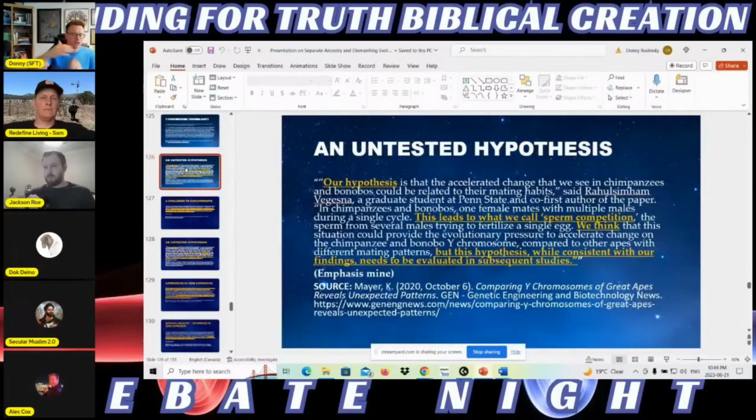I would argue you're extrapolating it without any experimental data. So, for example, this is from 2020. As far as I know, this is one of the latest discussions or thoughts on this issue. And this is from the secular literature, and they point out that they do have a hypothesis which involves sperm competition. But they point out that this hypothesis needs to be evaluated in subsequent studies.